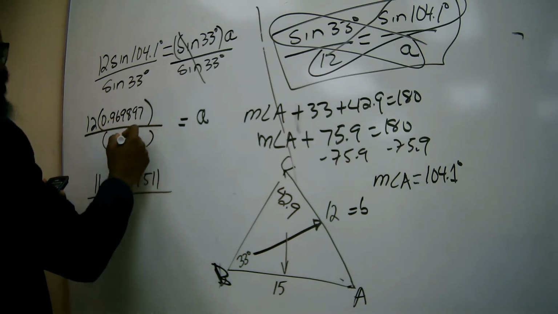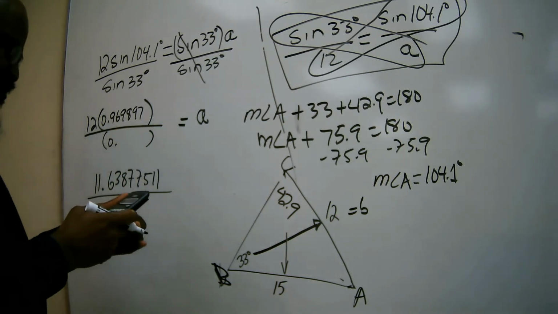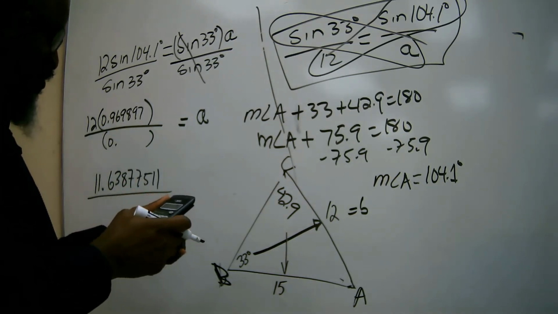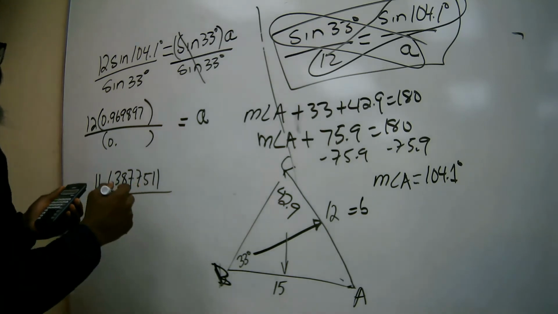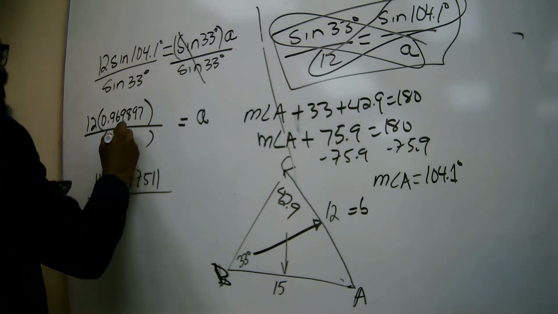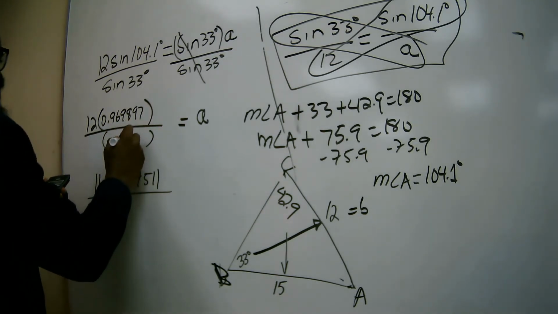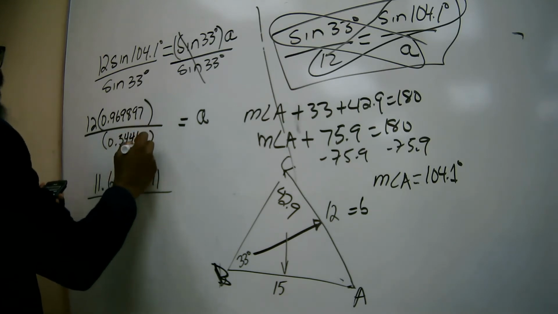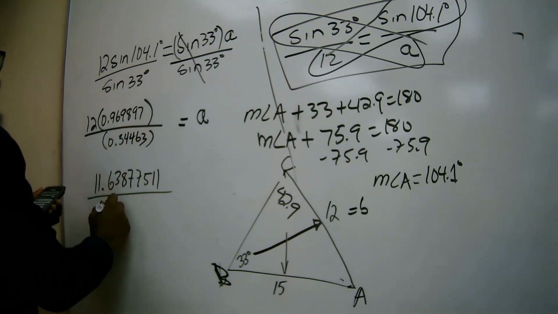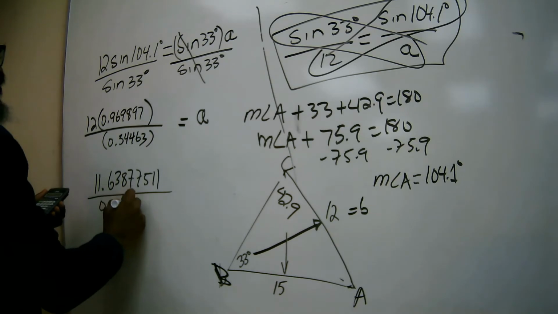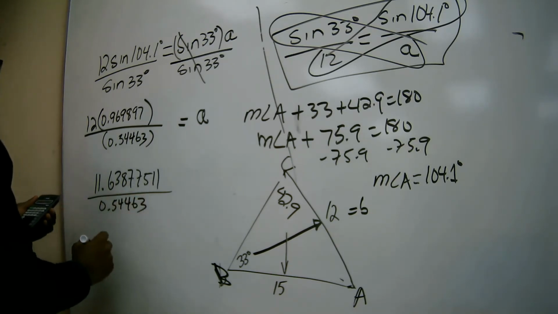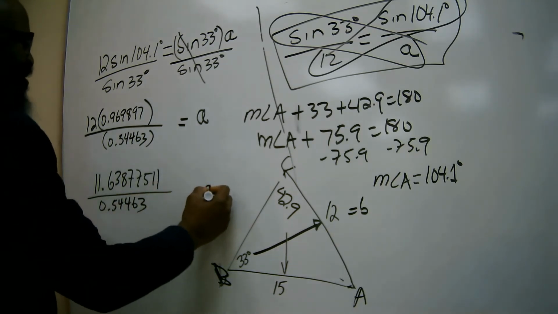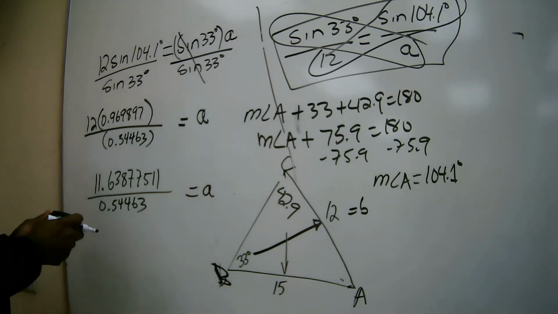Whatever sine of 33 is, your calculator will tell you. You press sine of 33, and it is 0.54463. So you divide 11.638775 by 0.54463, and that will tell you what side A is.